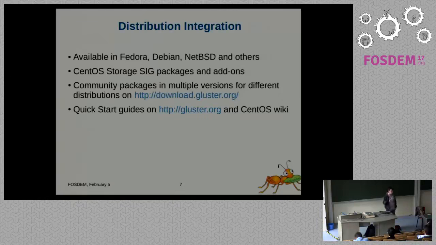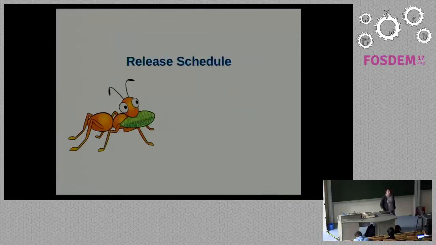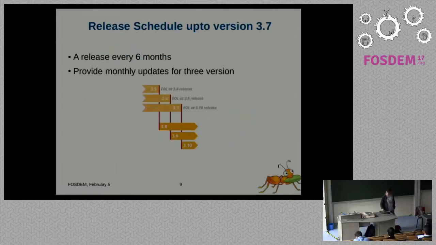I'm not sure what the current status is because one of the maintainers that was doing a lot of work there found something else to do, so we probably need to pick that up again. But yeah, we try to make it really easy for users to install Gluster and make sure that every distribution has its native installations for it. There are several quick start guides, the documentation through gluster.org, but for example, some of the distributions offer their own wikis and you can go to the wiki pages there.